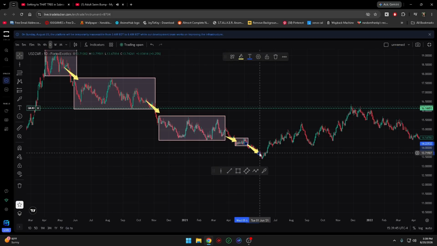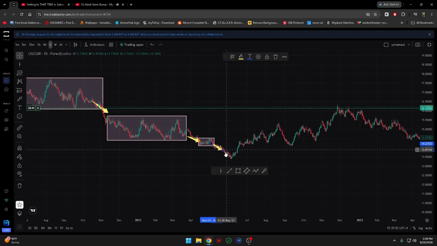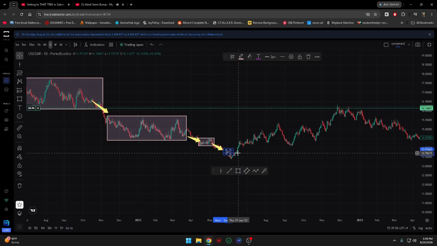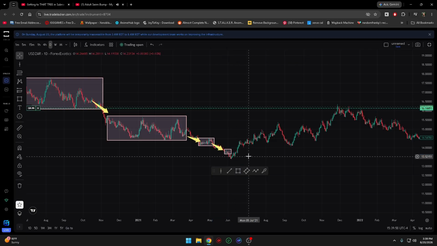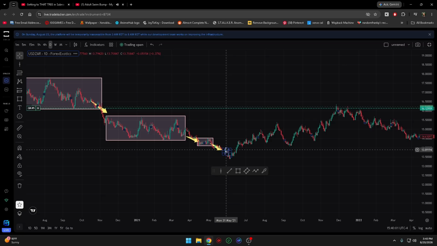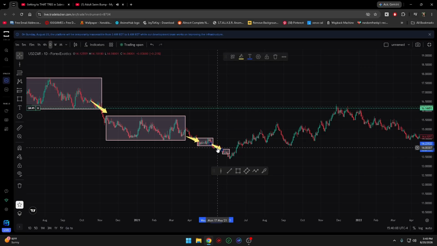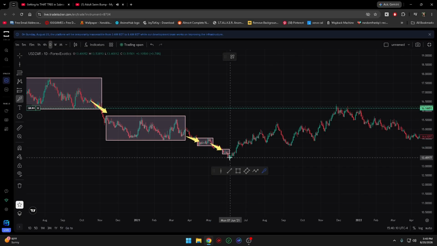Then price kind of sat here and fought a little bit. Then if you keep looking, the area got even smaller. So you see that little range right there, then it came downward, then it decided to go upward.